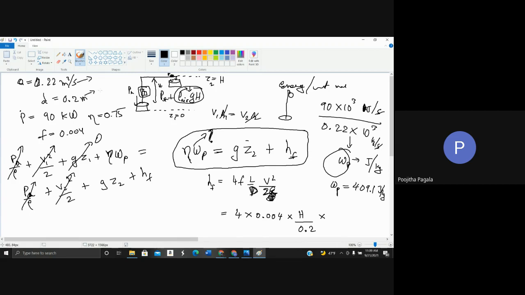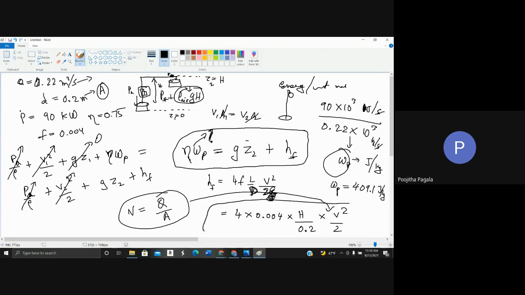Knowing the diameter gives the cross-sectional area, and velocity is flow rate divided by the cross-sectional area. From there you calculate the velocity and use it in V square by 2.